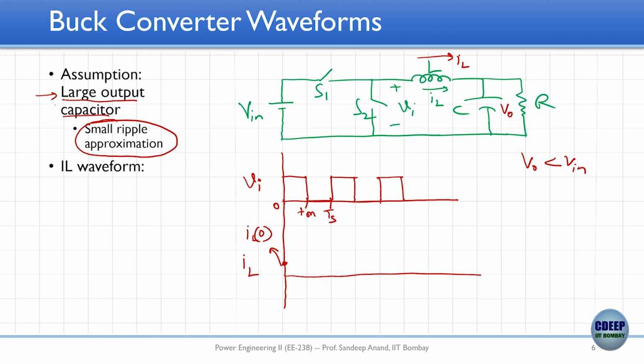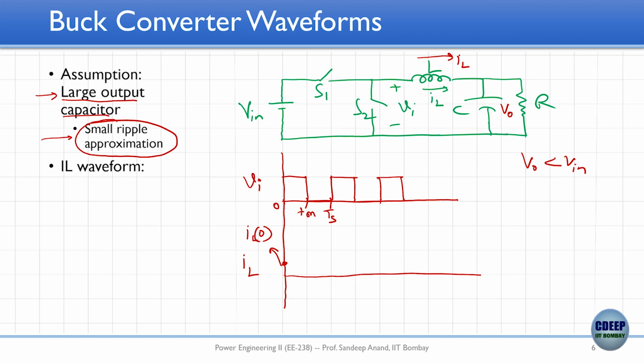So your ripples would be less than 1%, maybe less than 0.5%. So you can imagine the output capacitor voltage has to be really stiff, with very small ripple. How is that possible? Unless you put a big capacitor at the output. So the assumption of having a large output capacitor is the same as the assumption of having a very small ripple at the output, and that is what we take for the time being.